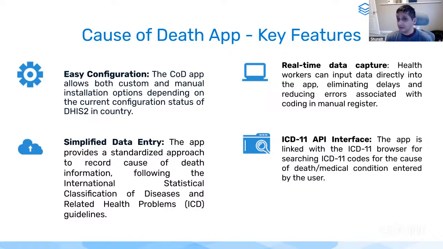On the other hand, if you don't have a tracker system, if you don't have anything, it'll just set everything up for you from scratch, and it'll do that very quickly. So it's quite an easy configuration. You don't really need to be what I would consider a DHIS2 expert by any means. You just need to know some basics, and you can install the app pretty easily.